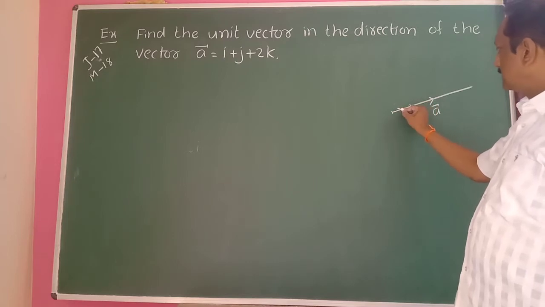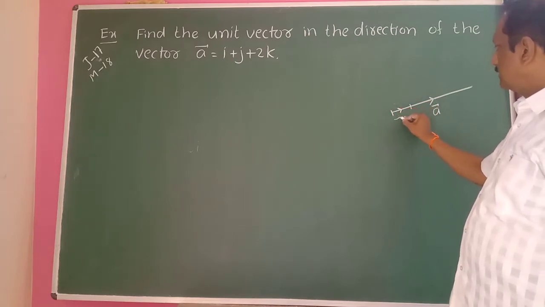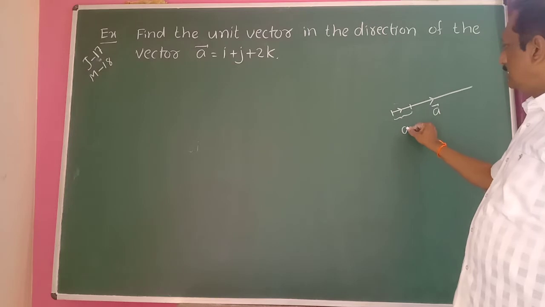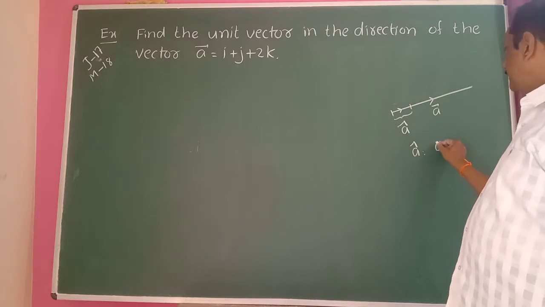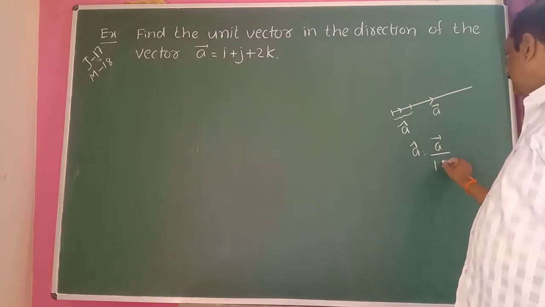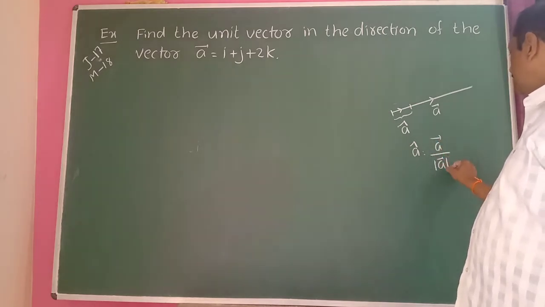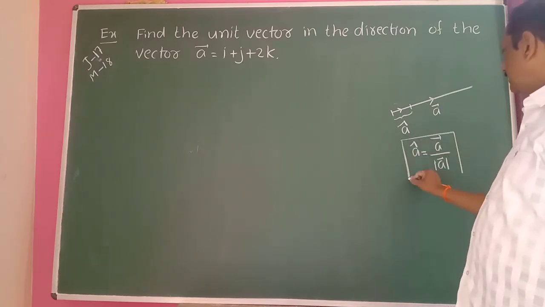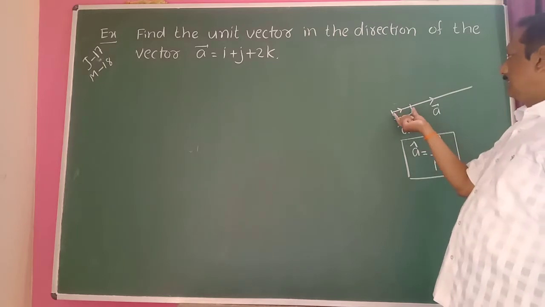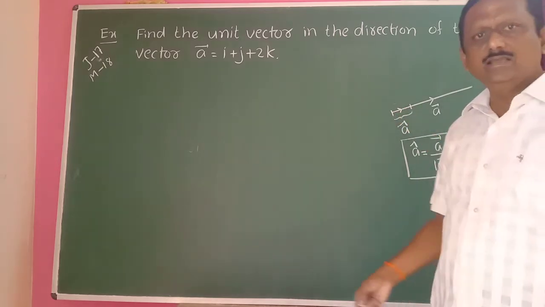Unit vector means its magnitude is 1 unit. It is denoted as a cap. Therefore, a cap is given by the formula a bar divided by modulus of a bar. This is a very important formula. It is a unit vector in the direction of the vector a bar.